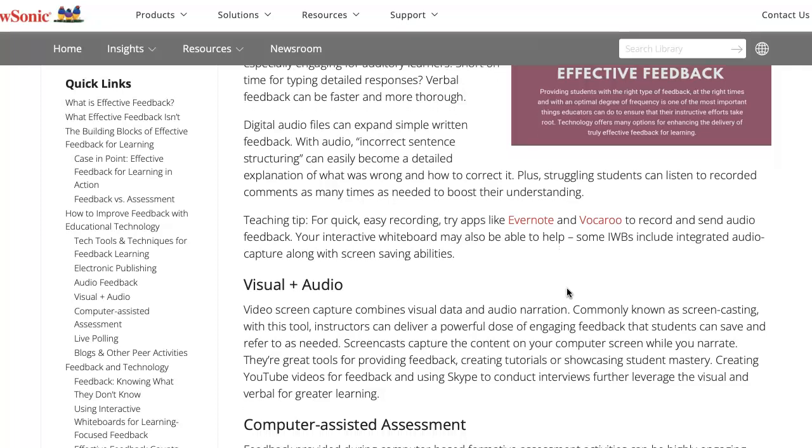While I was researching effective feedback tips, I found that having both visual and audio feedback for students is valuable, because they can save that feedback for later so they can remember it, and also because you can show students exactly what you expect from their assignments and what you thought that they did well.